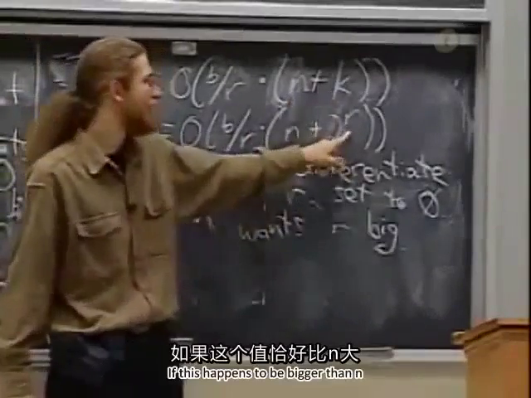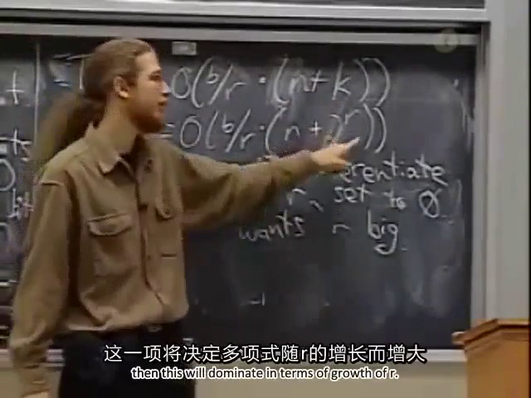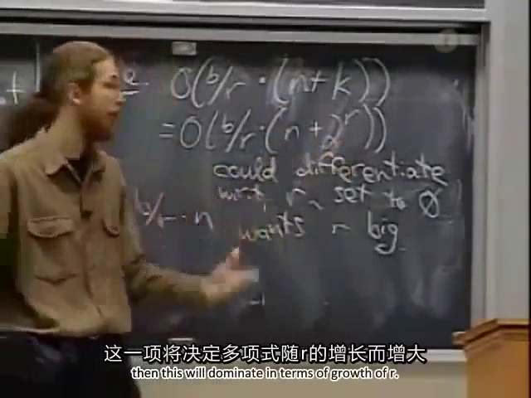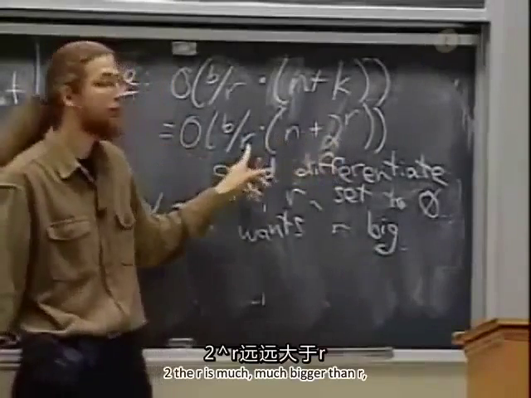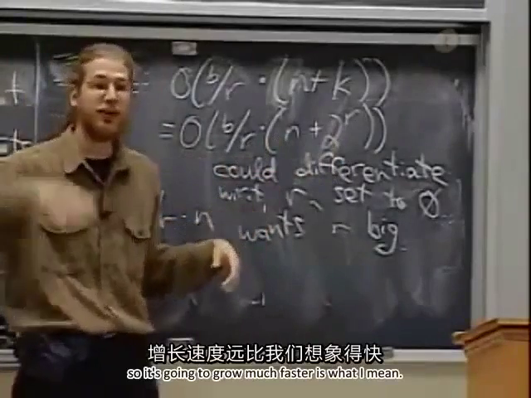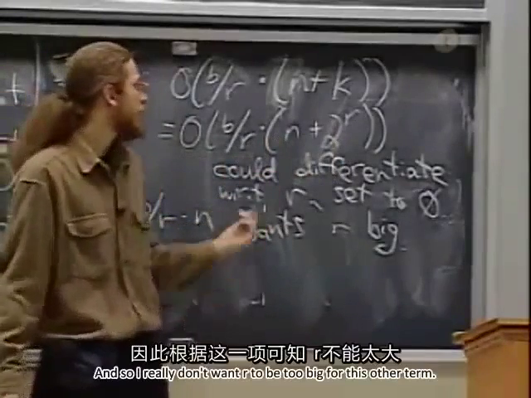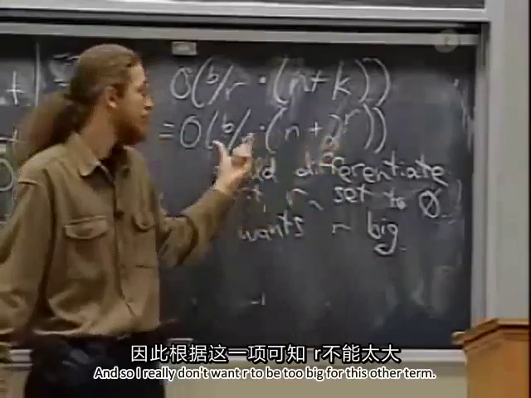So if this happens to be bigger than n, then this will dominate in terms of growth of r. This is going to be b times 2 to the r over r. 2 to the r is much, much bigger than r, so it's going to grow much faster. And so I really don't want r to be too big for this other term.